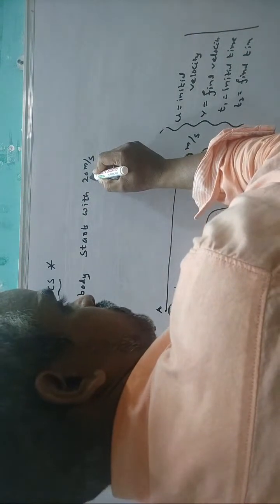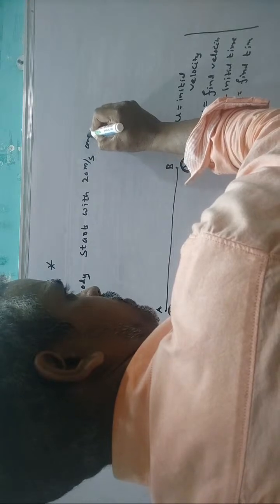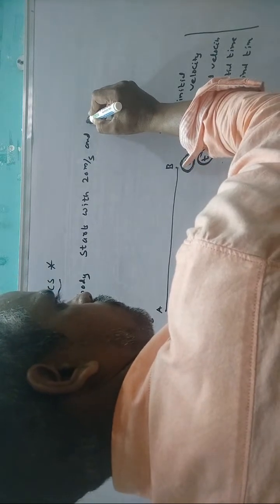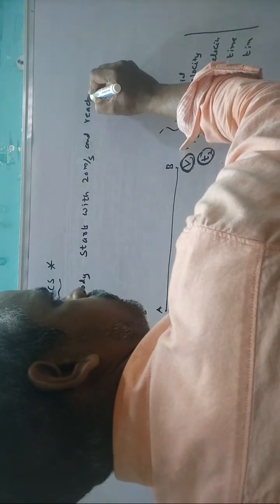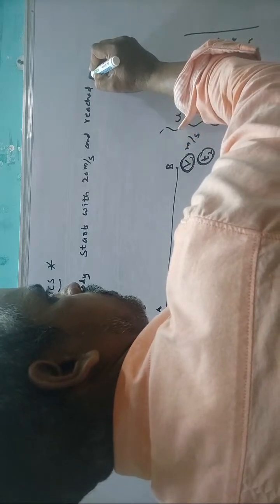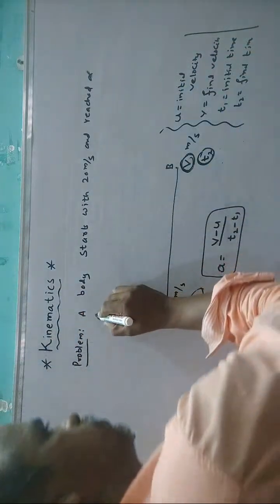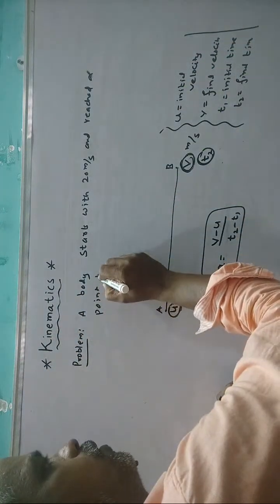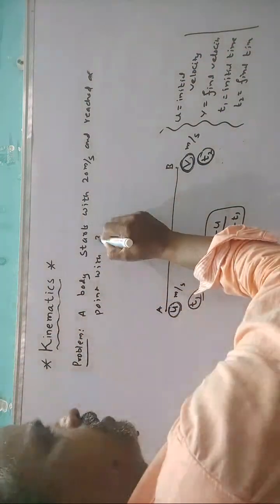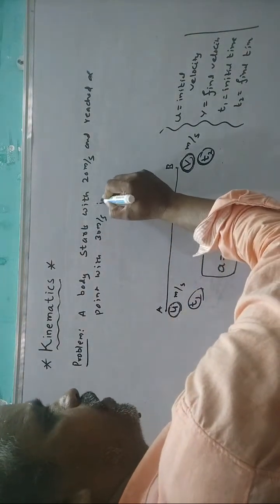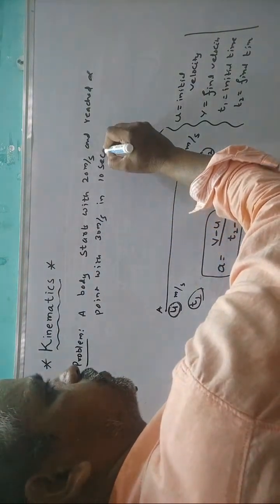A body starts with 20 meter per second and reaches a point with 30 meter per second in 10 seconds.